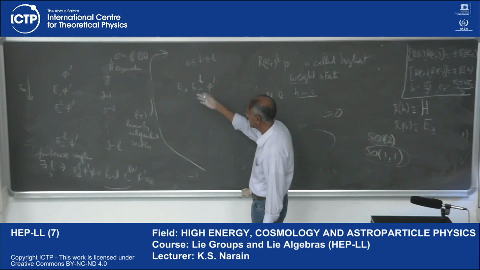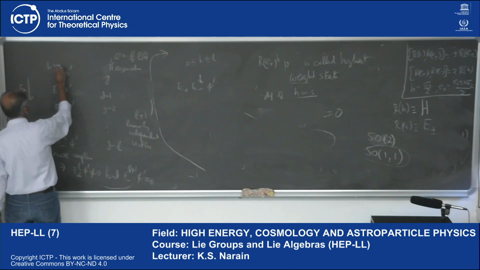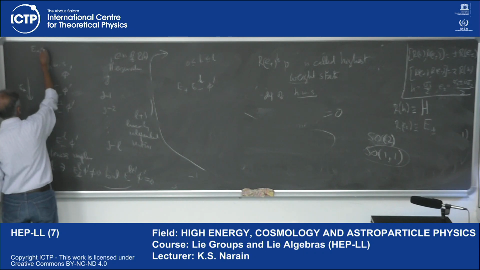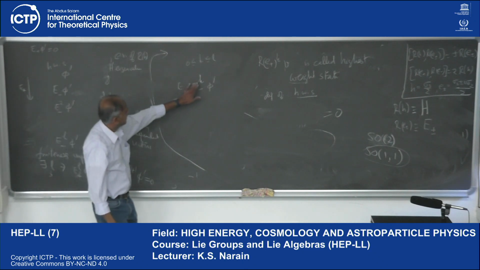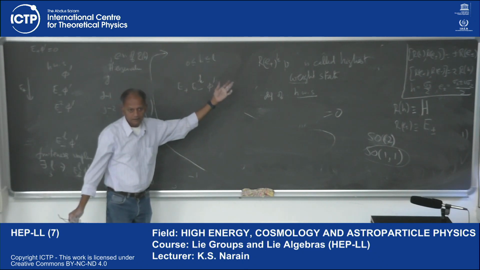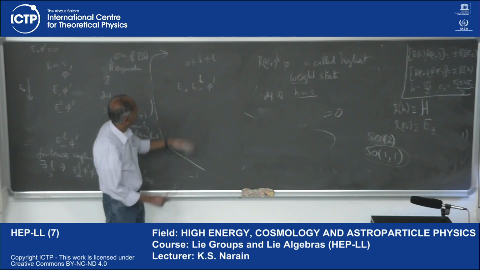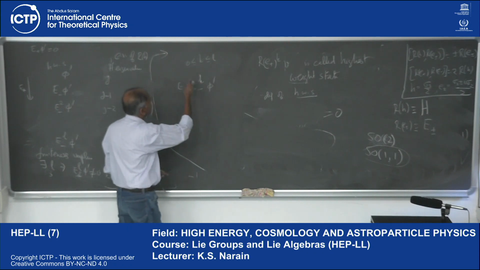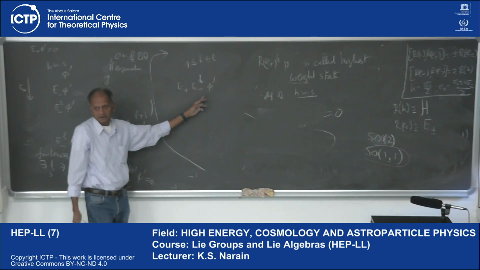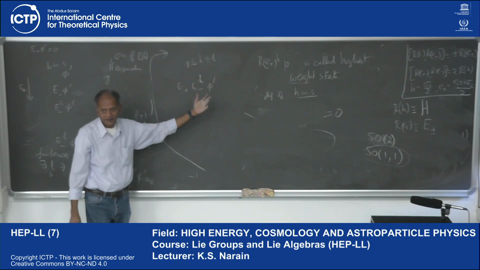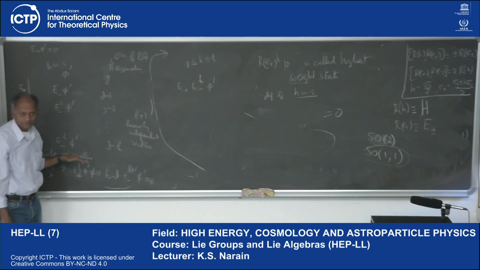But by assumption, phi prime was the highest weight state, so it satisfies the condition that E plus phi prime is 0. So when K is 0, this just gives you 0. Nothing to check. What we want to check is the remaining cases, K greater than 0, so K equal to 1 up to L. K equal to 0 is trivial; it doesn't give you some new state. We are asking whether it gives you some state just outside this list of states.